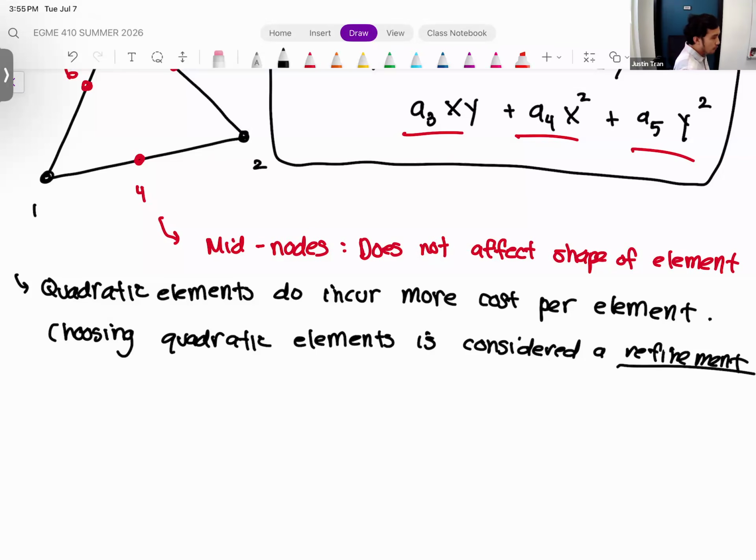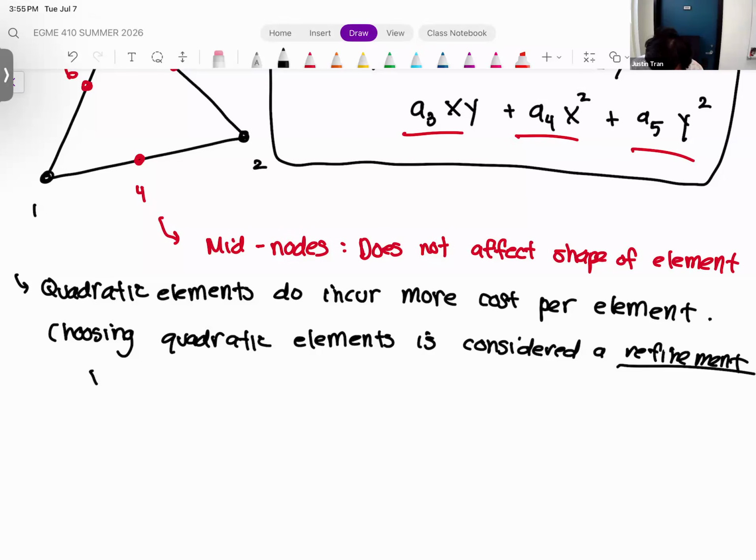In this context, refinement refers to basically increasing the cost, or making a decision to increase the cost of our finite element simulation in order to obtain more accuracy. Now, when people say refinement, they generally refer to the size of the elements, and that's kind of what we use it for in activity one. We refine the elements around the hole to make them smaller in order to get more accuracy in the stress calculations there. But technically speaking, choosing a quadratic element also counts as refinement.